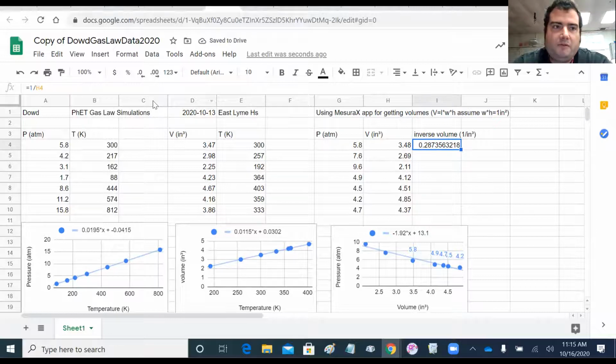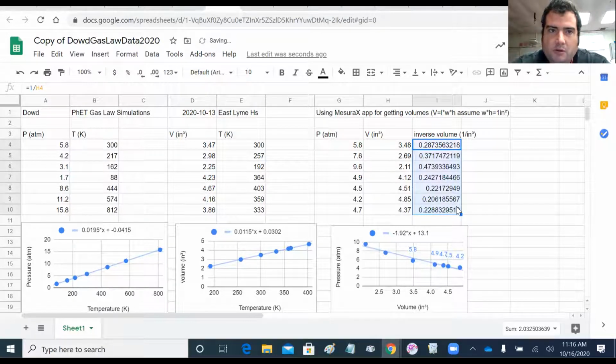If I go back up and look at the formula bar, 1 divided by H4 is there, and it knew to do 1 divided by the value of H4. Here's the magic. You take this little square, you hover over it, you get this crosshairs, you drag down. Boom. It does them all for you. Look at the formula bar. 1 divided by H10, H9, H8, H7, H6. It knows you want it to do all the ones next to it.